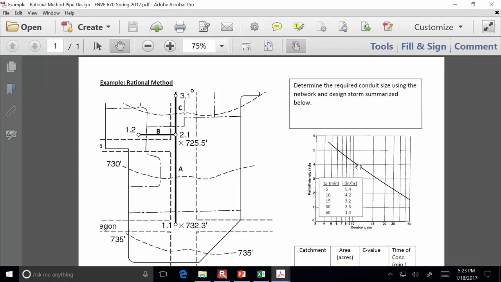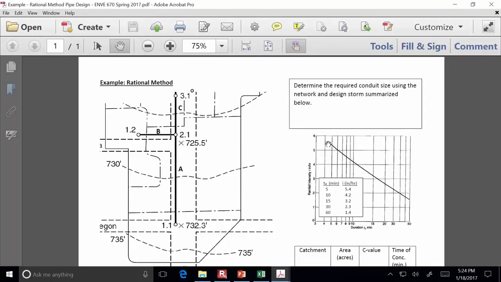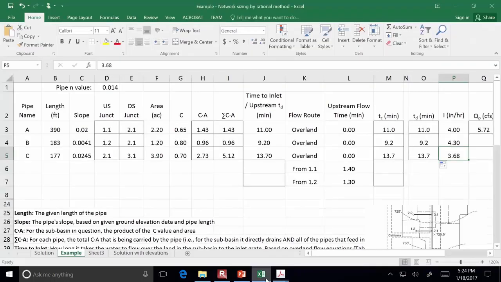It looks like 11 minutes is where the IDF curve crosses 4. And so for 9.2 minutes, this is the intensity that goes with that. 13 minutes, it should be even a little bit lower than 4 inches per hour. So I was just going from the figure, looking at the curve, and trying to relate certain durations to the rainfall intensities that go with it.